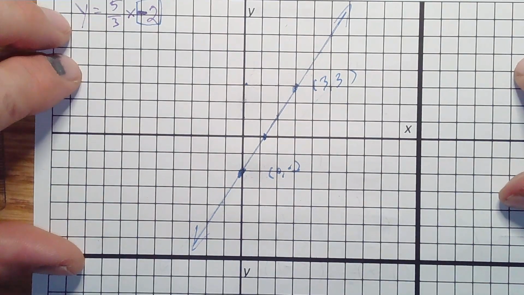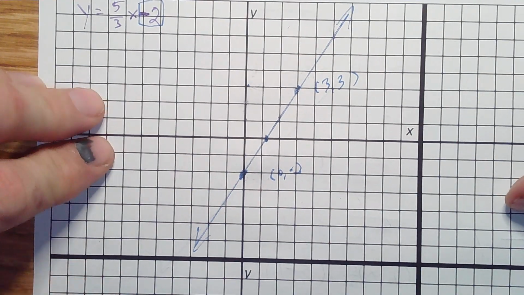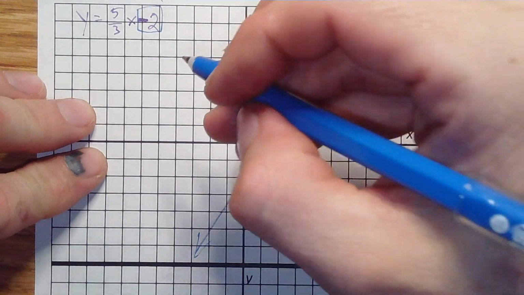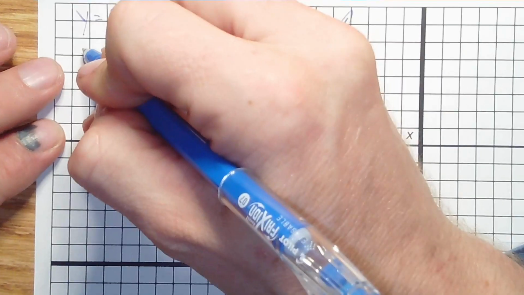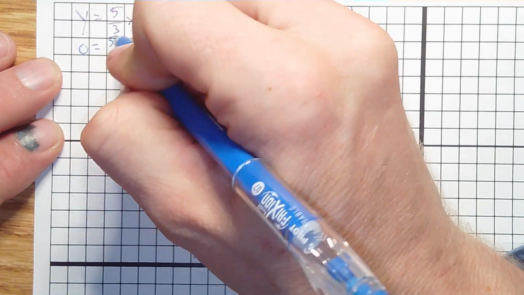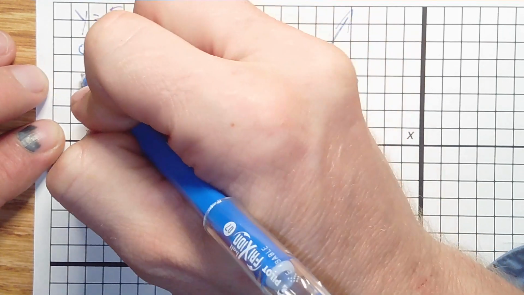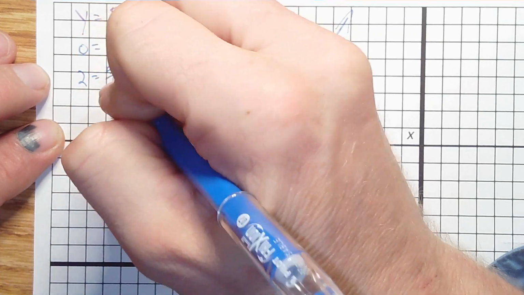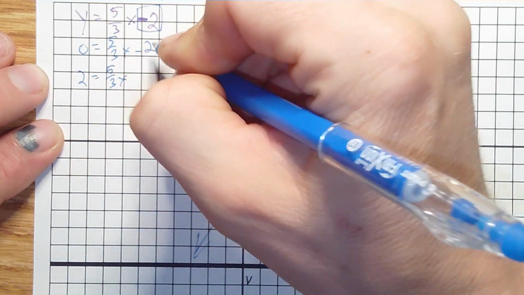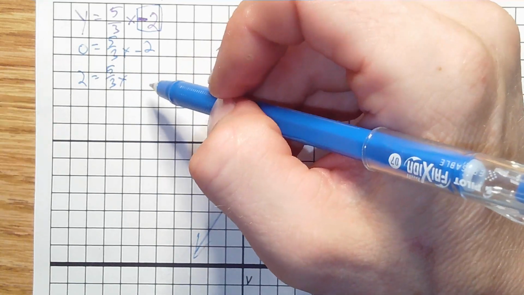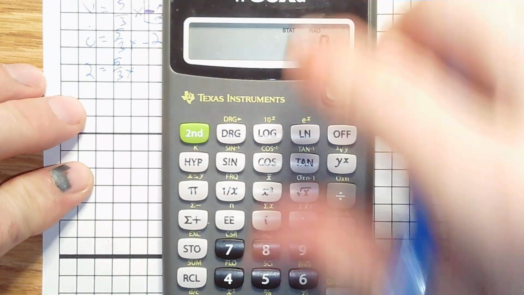What is my x-intercept? It's not completely obvious to me. It's somewhere between 1 and 2, so I have to solve for it. 0 equals 5 thirds x minus 2. Bring the 2 over, it becomes positive 2 equals 5 thirds x. Multiply both sides by 3/5.